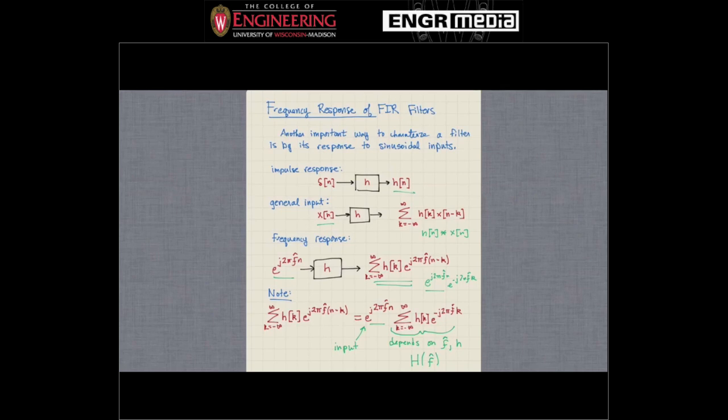That number is given by the sum that's underlined here and denoted h of f hat. We're going to call h of f hat the frequency response of the filter. If that seems a little confusing, we're going to break this apart, and we'll see this both in this lecture and in the next lecture. This really sets up exactly what's happening here.